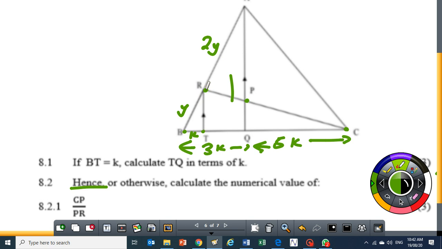For you to be able to get that ratio, again, you need to identify another triangle in which you can use the proportion theorem. The triangle is going to be, I'll call it CTQ, because RT is parallel to PQ. So my second triangle is going to be triangle CTQ.